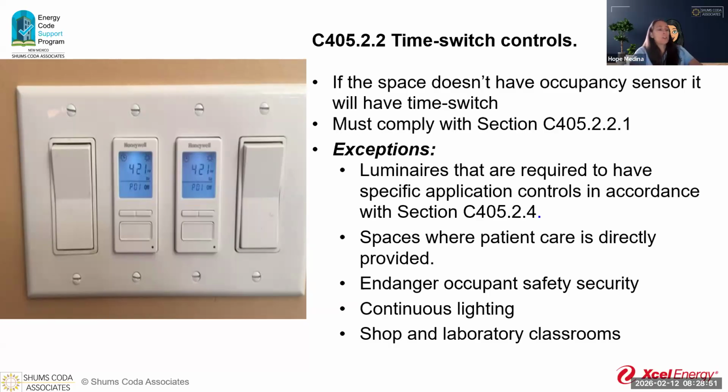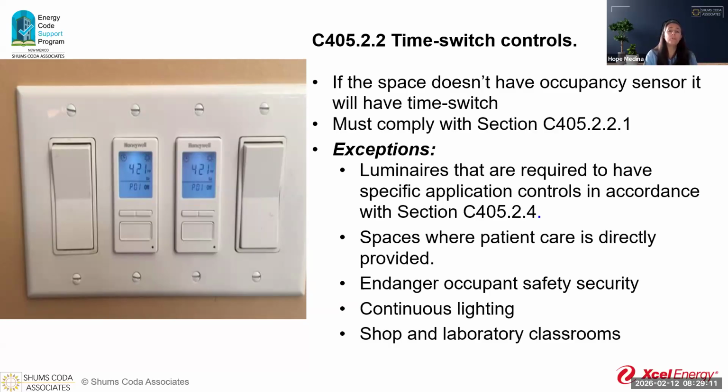So the next section that we're going to talk about here is the time switch controls. So if it doesn't have an occupancy sensor, it now is required to have a time switch control unless you fall under one of the exceptions in here. And I think a lot of these are very similar.